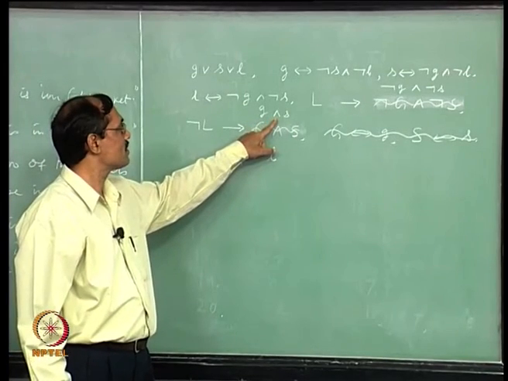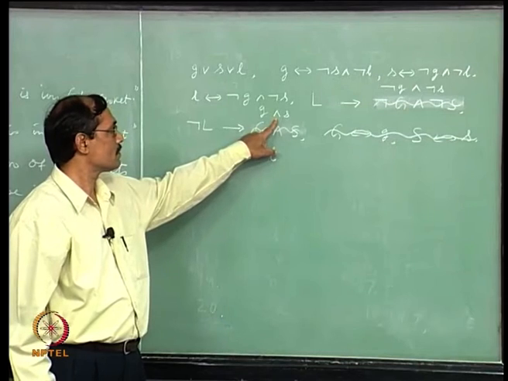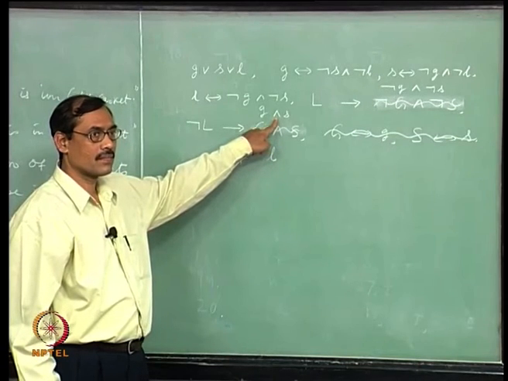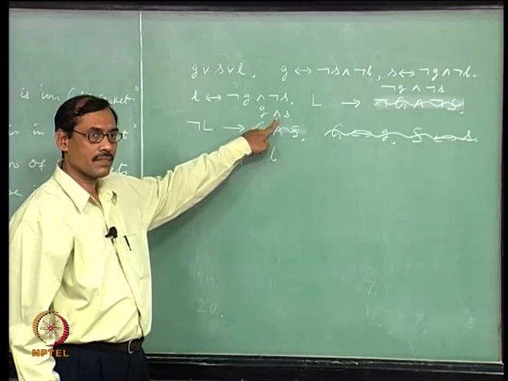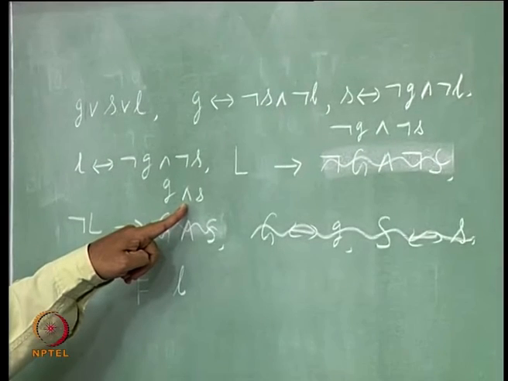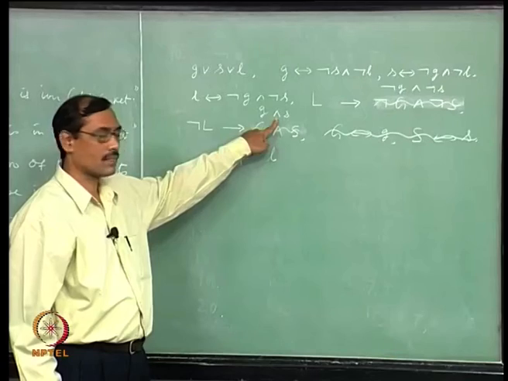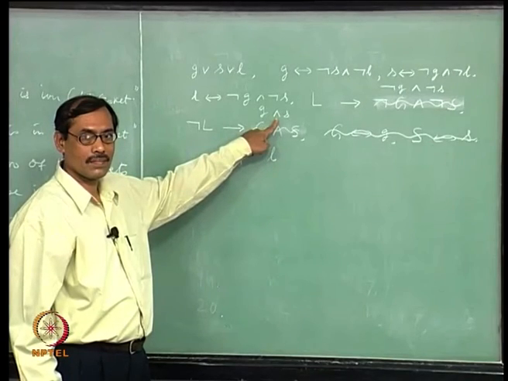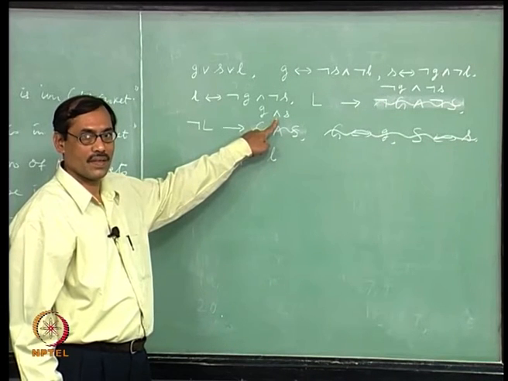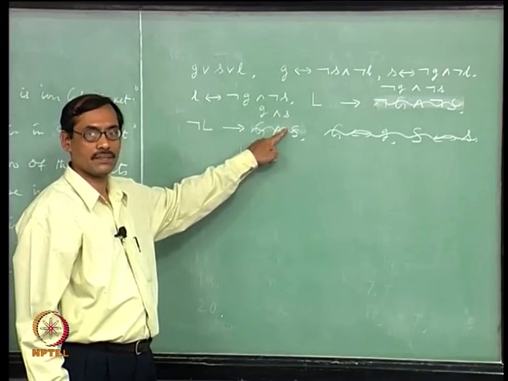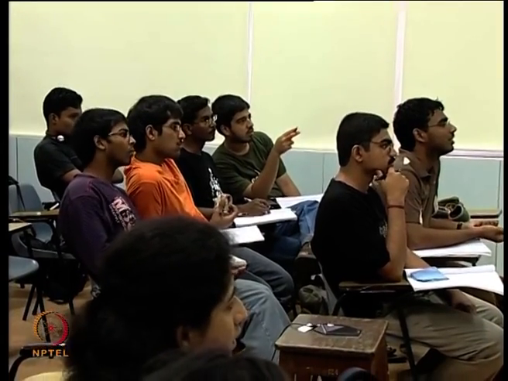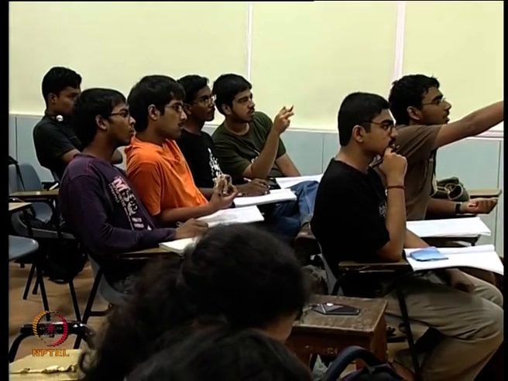Then G and S gives what? G and S both are true, yes, but that cannot be possible. That gives not small L. His argument is G and S is not possible. G and S gives not S. Not L, where it is not possible, we have shown.